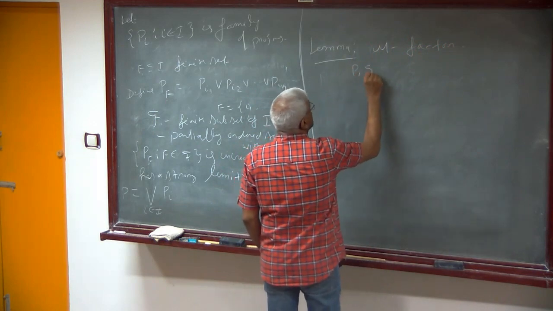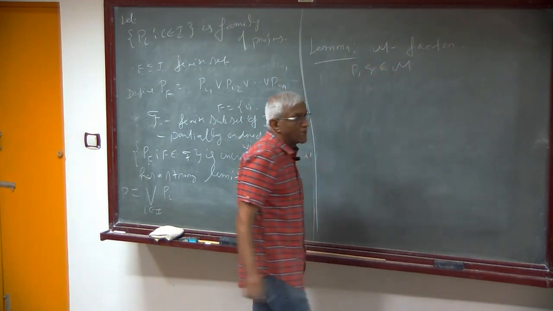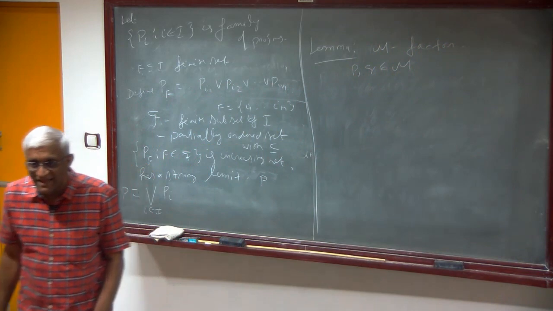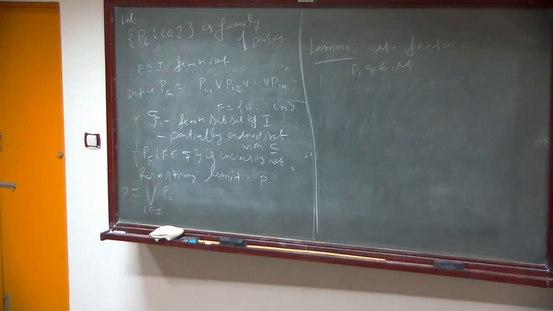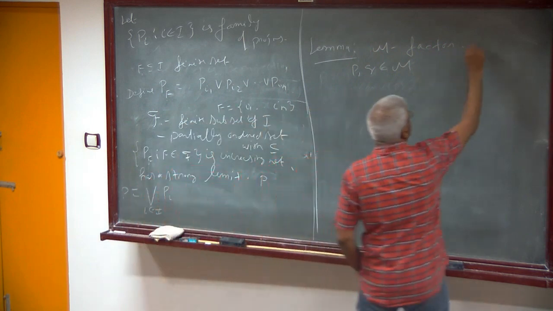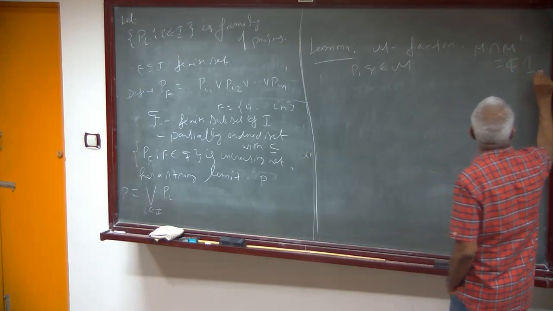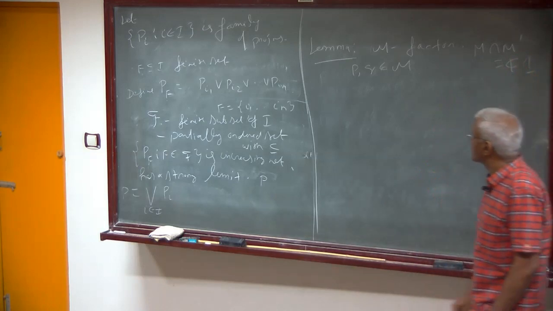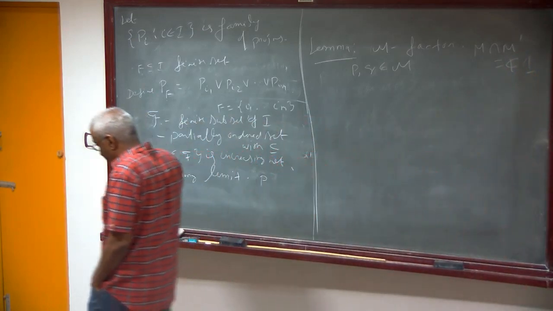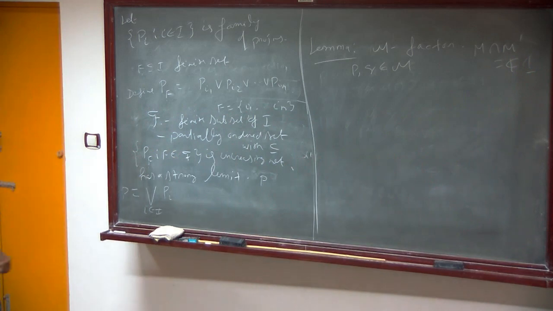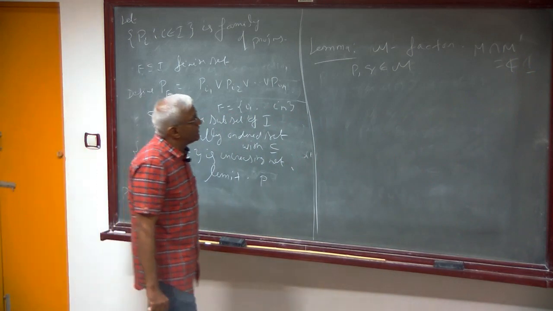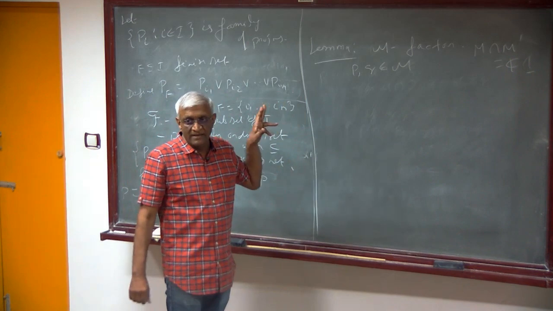Now I assume M is a factor, so the center is trivial: Z(M) = M intersection M prime is C. Suppose you have two projections P and Q in a factor.